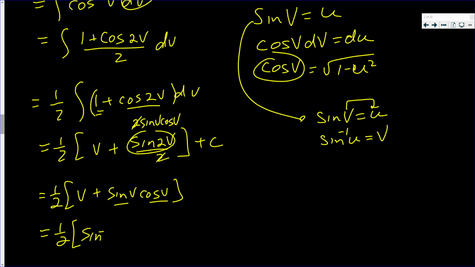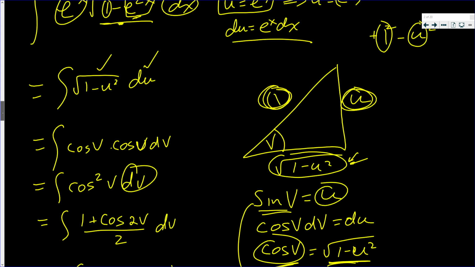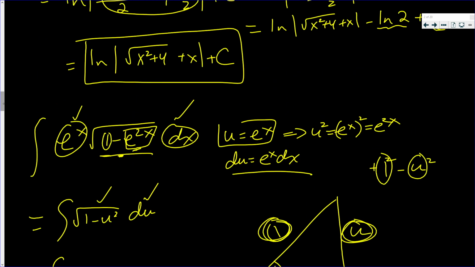So it's the sine inverse of u, plus the sine of v, which is u, times the cosine of v. Well, that's also right here: the square root of 1 minus u squared, plus c.